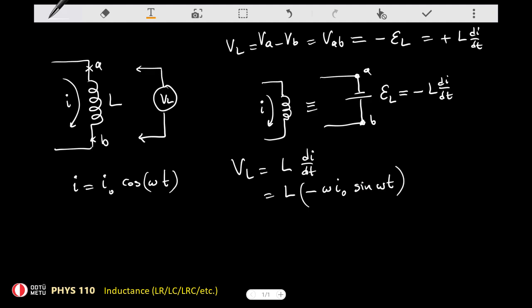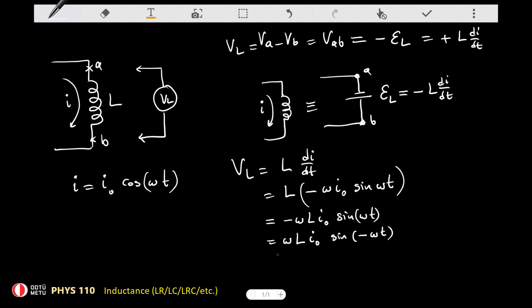All right, there's a minus sign that appears in here. This may cause a headache. So this is minus omega L times I0 sine omega t. I'm just going to do it like this. I'm going to first carry this minus sign to the argument of the sine function. So I'm going to write this down as omega L I0 times sine of minus omega t.